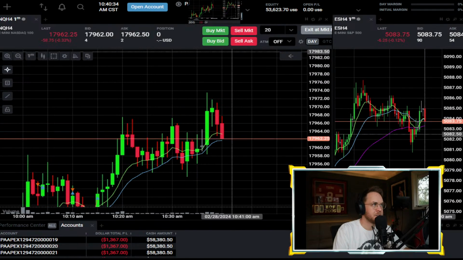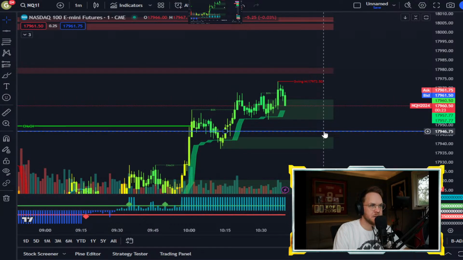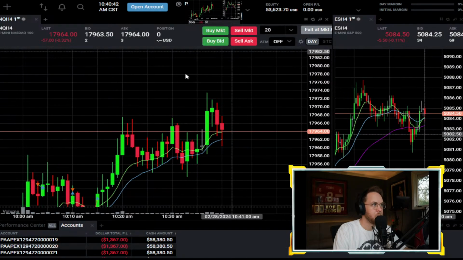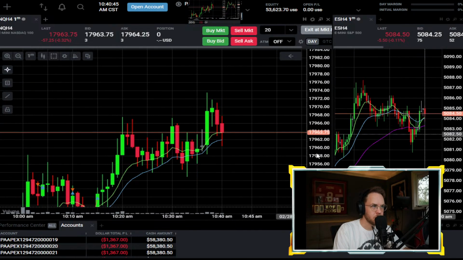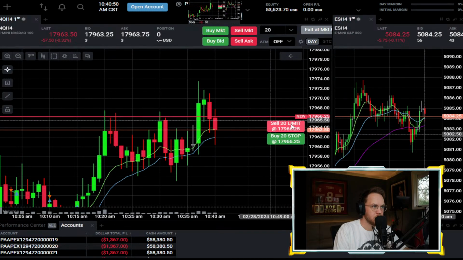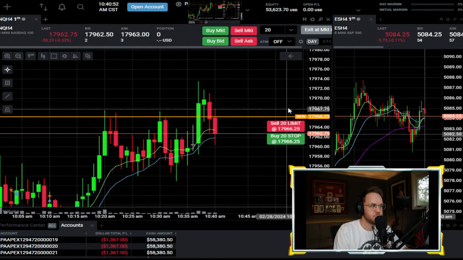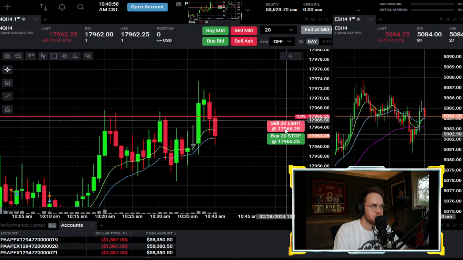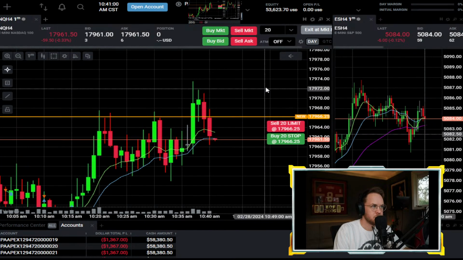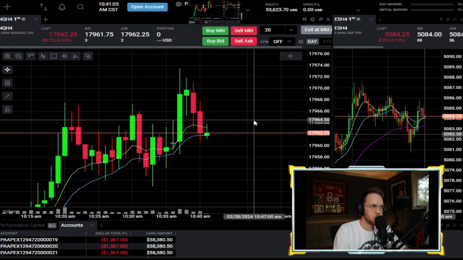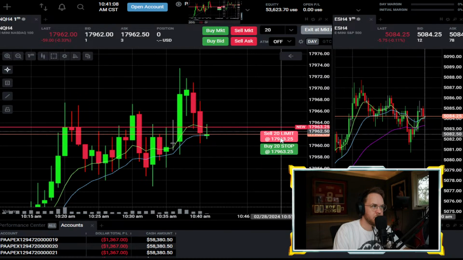This wouldn't be a strong downside movement, but I do think we have room to run back down to 17,946, which is our opening range high. Yeah, the buyers are getting exhausted in the Nasdaq right now. We're looking for a short.